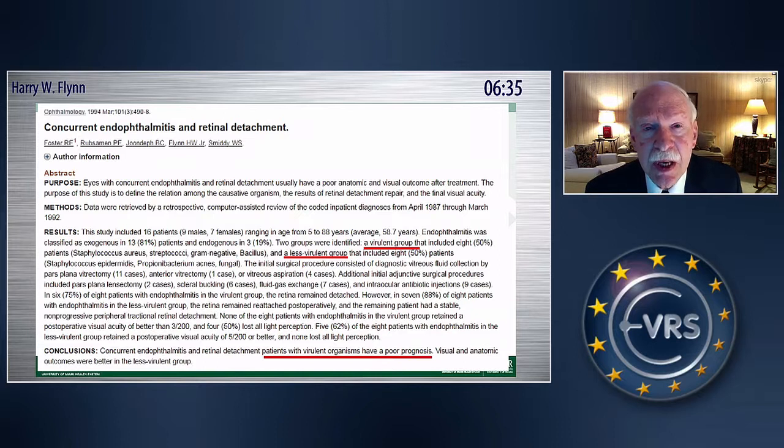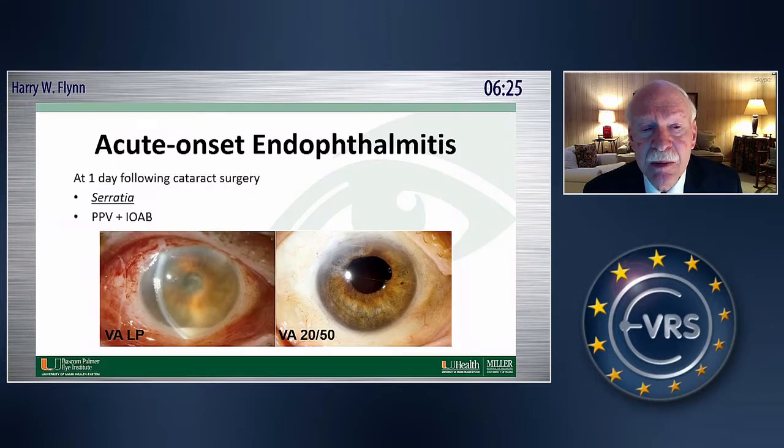However, those caused by Staphylococcus epidermidis, P. acnes, or fungi do much better. I'll show a few examples of cases.